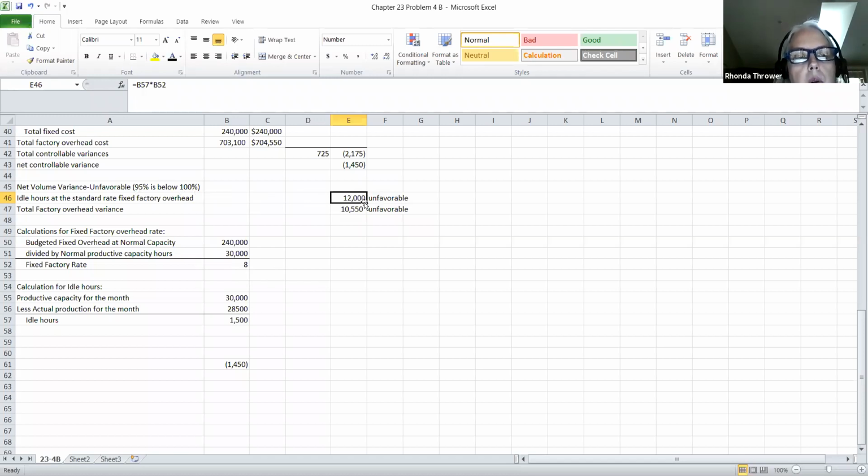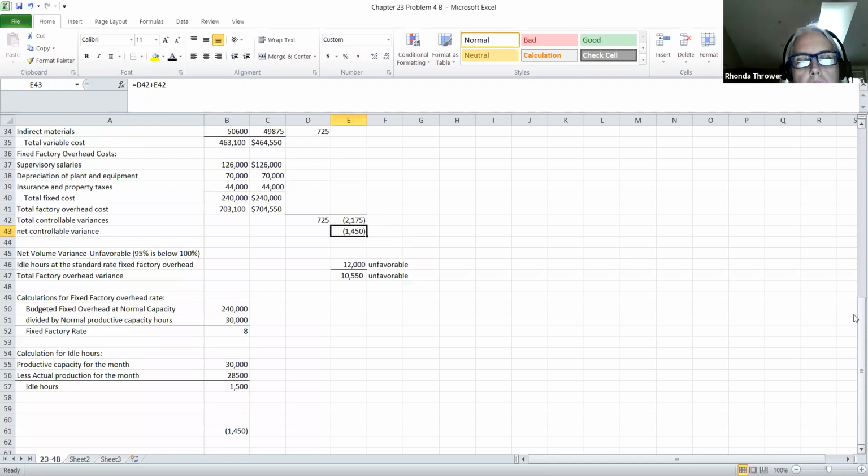So this is your unfavorable volume variance for this period, that when you combine with your net controllable variance of 1,450, that was a favorable amount, this combined with this will give you an unfavorable amount for the overall total factory overhead variance.